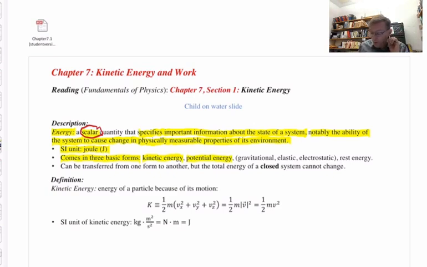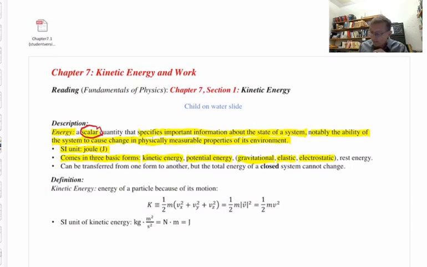But I will just give you a preview. For us, potential energy will be in three forms. Gravitational potential energy, so-called elastic potential energy, and then next semester we'll study something called electrostatic potential energy. But they're all forms of what's called potential energy.